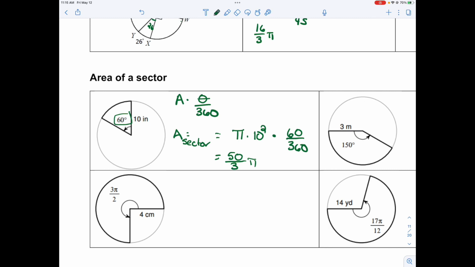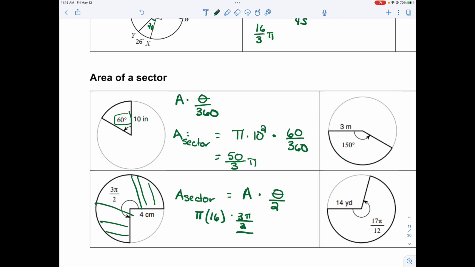Okay, in the next one, this is the sector that we're looking for, and we know this angle is 3 pi over 2, so the area of the sector would equal the area of the circle times theta over 2. So that would be pi r squared, which is 16, times theta, 3 pi over 2, divided by 2.